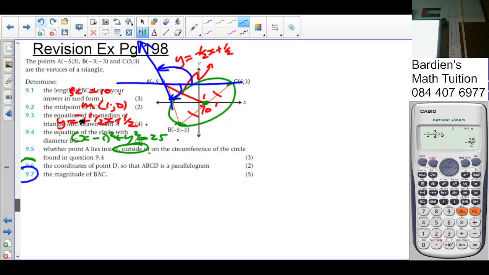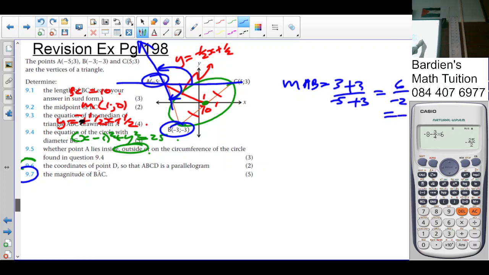It's actually the angle that's going down, the negative angle. Can you see that? So what we do is we say the gradient of AB is equal to, what's the coordinates of A? So it's going to be 3 minus minus 3, which is plus 3 over minus 5. Didn't we work this out already? 6 over minus 2, which is negative 3.